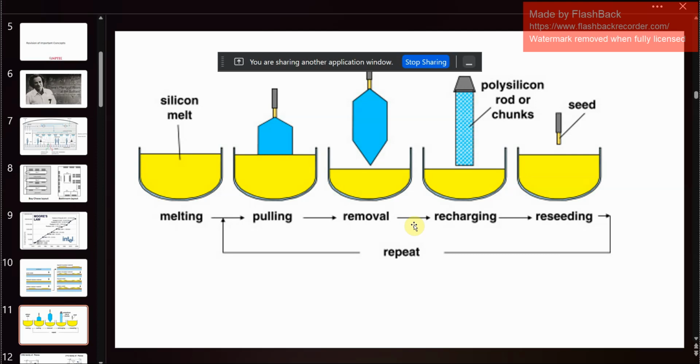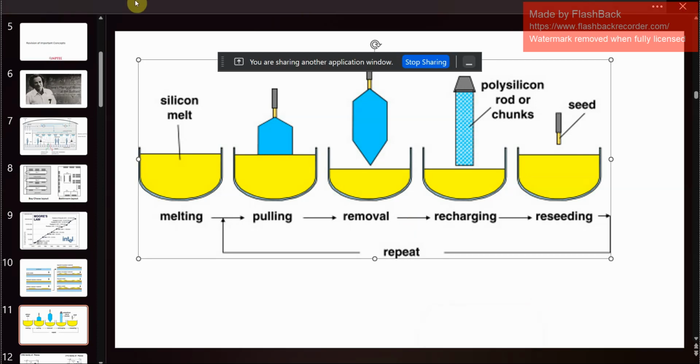For that there is a process called the Czochralski process. Here we have a silicon melt. You put a seed in it and then pull it up slowly, and you get a single-crystal silicon rod, and then you dice it.